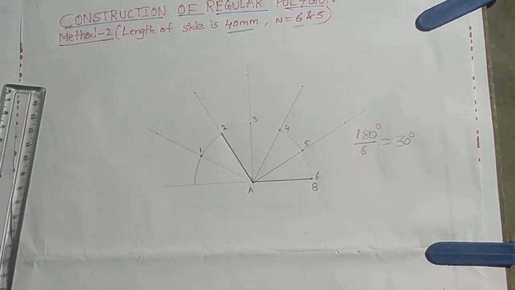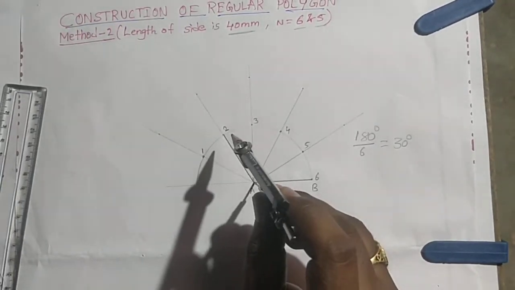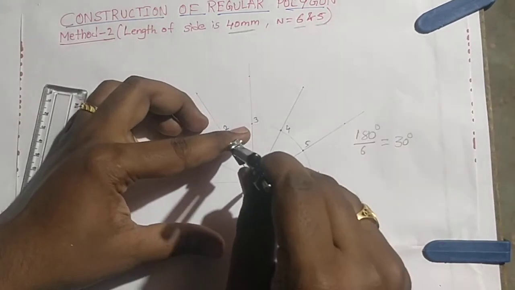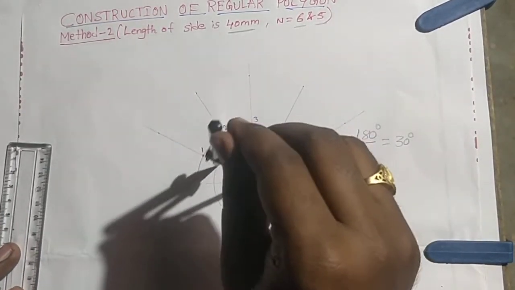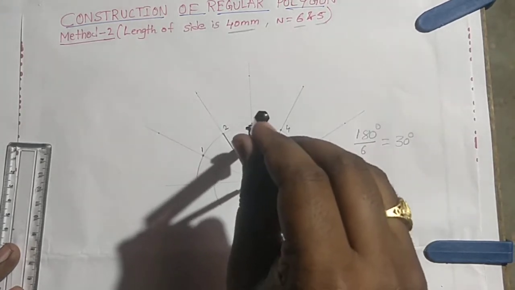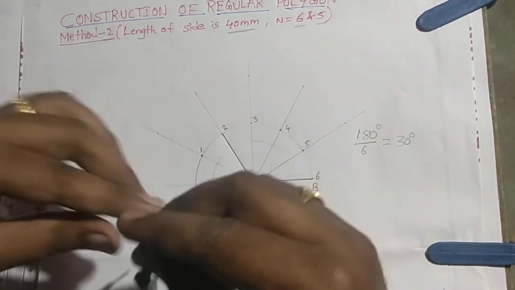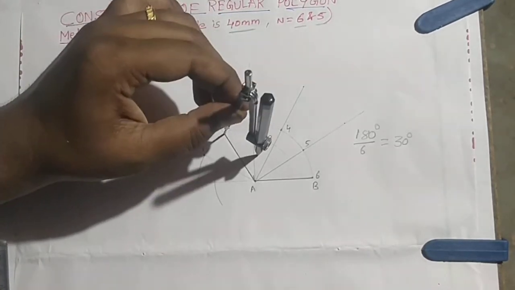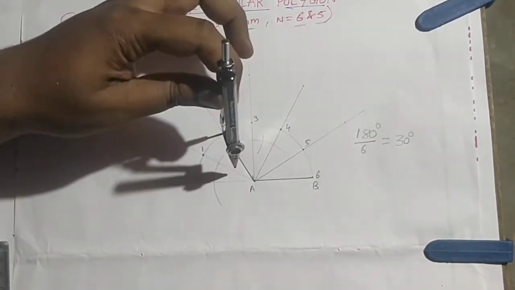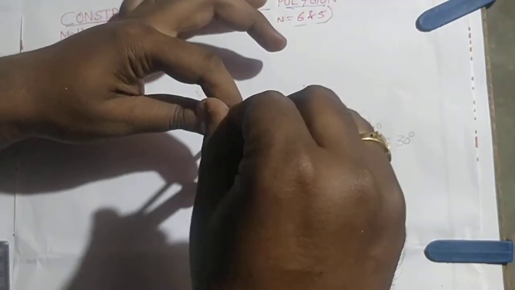Already we know bisection means: with A as center and a radius more than half of the length, draw arcs on the two sides of the line, and with 2 as center cut this arc.